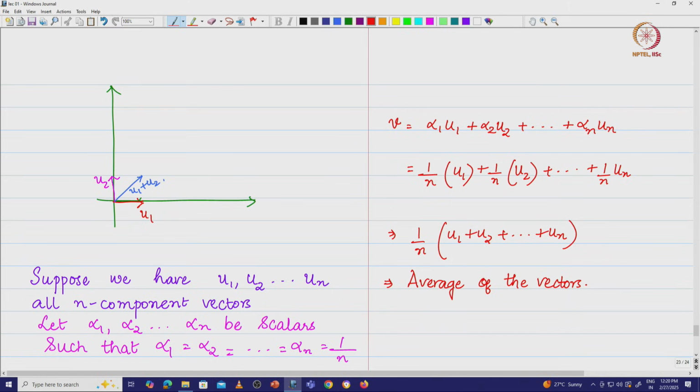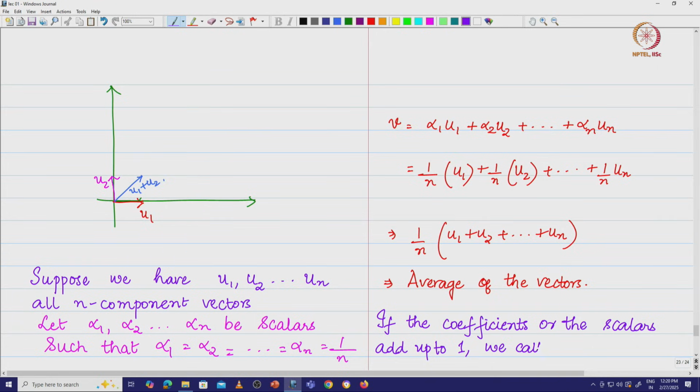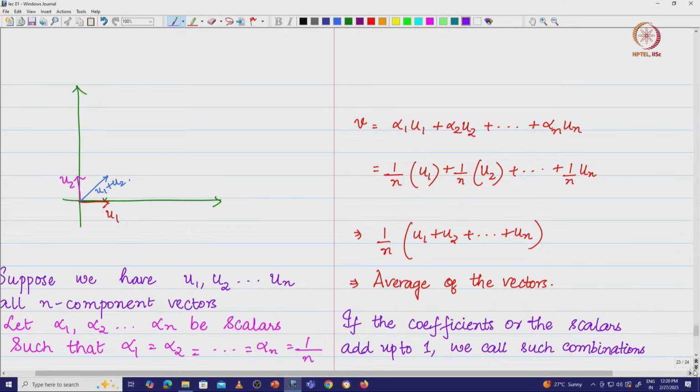So, we are going to say that if the coefficients or the scalars add up to 1, we call such combinations an affine combination.